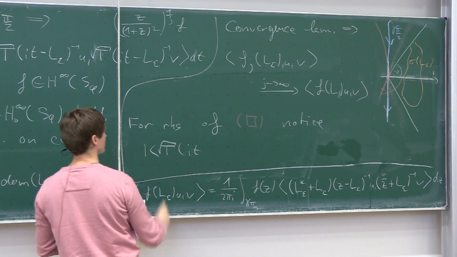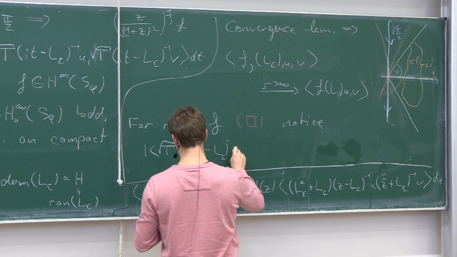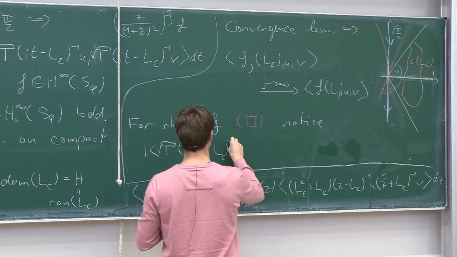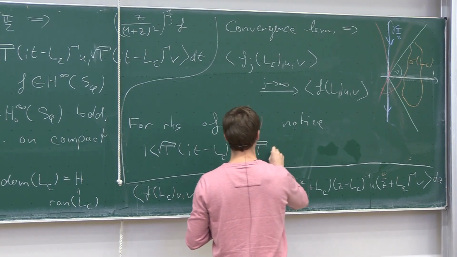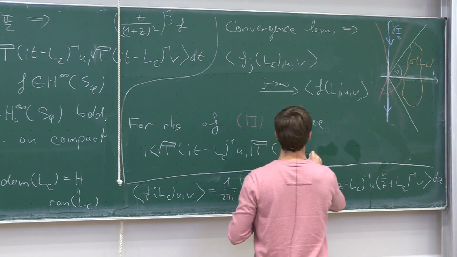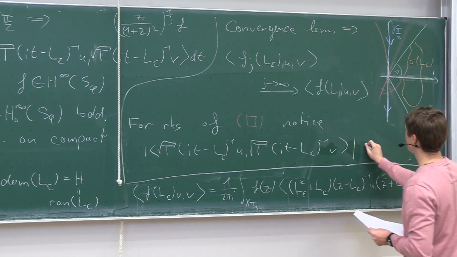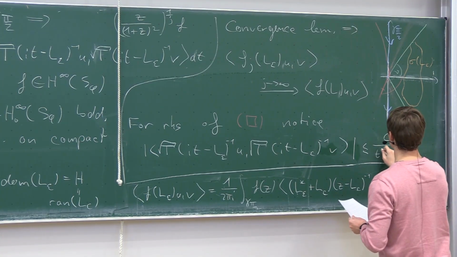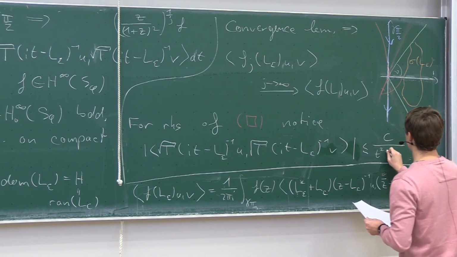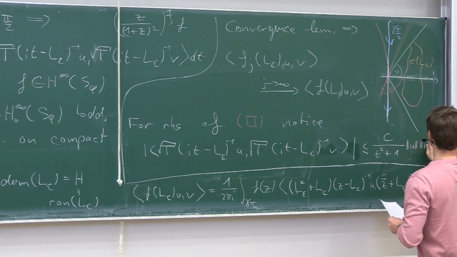We have the inner product of the square root of t times the resolvent applied to u. This inner product is controlled by, let's say, a constant over t squared plus 1, because we don't explode at 0. Then we also have the norms of u and v.